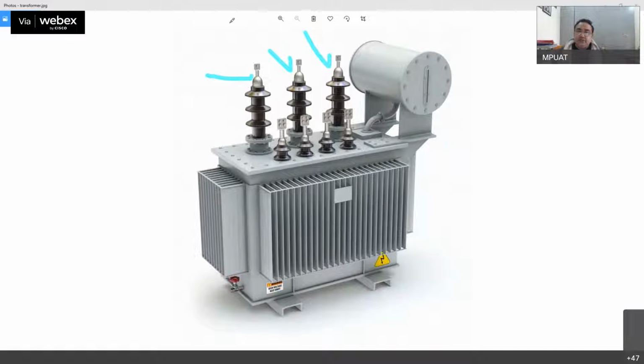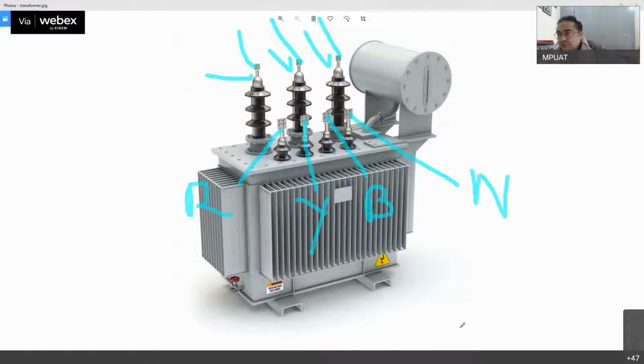Here you connect the wire. Therefore you are feeding an input voltage of 11 kilovolt. These are the 4 output points: one is R phase, another is Y phase, this is B phase, and this is your neutral.